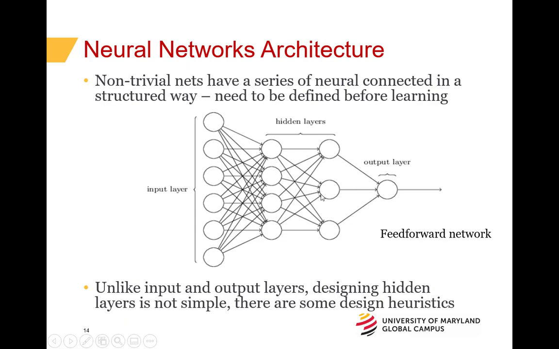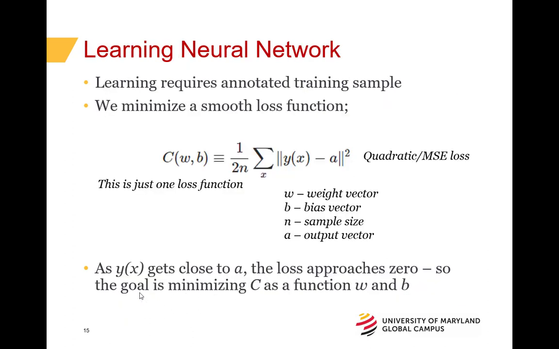But the main variable is the number of hidden layers and the number of neurons in each hidden layer. So here this says, unlike input and output layers, designing hidden layers isn't simple, but there are some heuristics, some design guidelines. Okay.